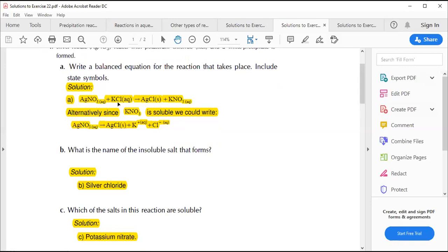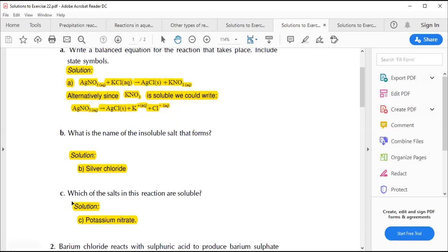You can put silver nitrate, potassium chloride, potassium nitrate. All these are aqueous, it means they are soluble. Because here they said which of the salts, it was not in singular, it's plural. So you could have mentioned more than one.